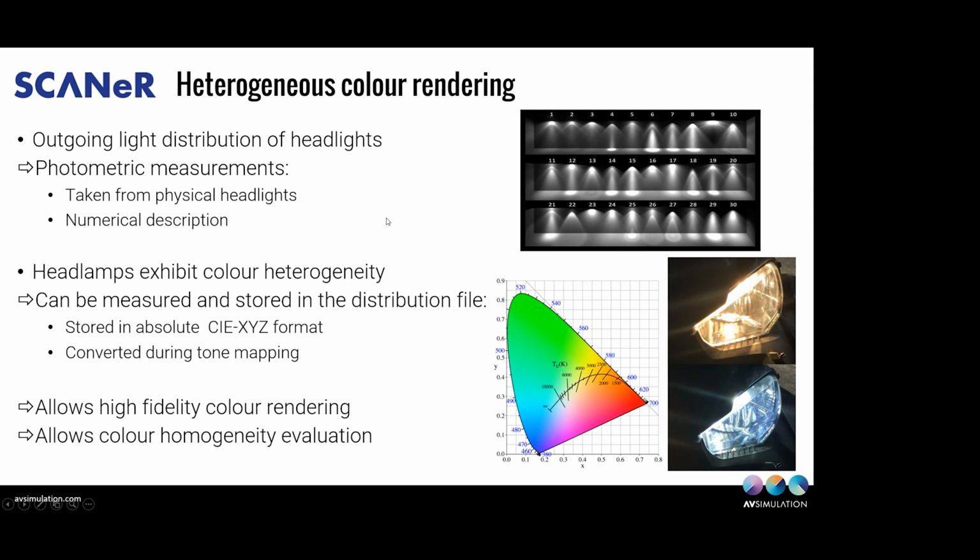Also, what is interesting to know is that a headlamp, especially LED headlamps, exhibit color heterogeneity, and this color heterogeneity can be measured and stored into the distribution file. We store it in the software as a CIE XYZ format, which is an absolute format, before applying a tone mapping on it and having the actual color that would be rendered on the screen.